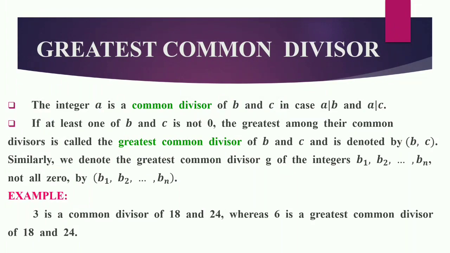So for n integers b1, b2, etc. bn, not all 0, the GCD is denoted by (b1, b2, etc. bn). For example, 3 is a common divisor of 18 and 24, since 3 divides 18 and 3 divides 24. Whereas 6 is the greatest common divisor of 18 and 24.